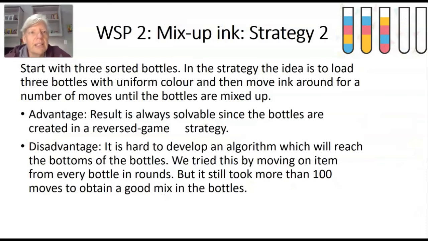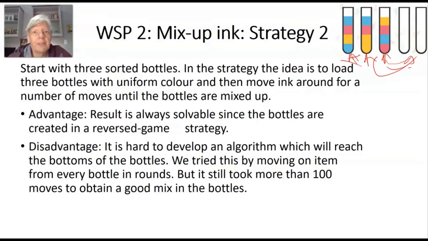Strategy 2 is to start off with 3 sorted bottles and distribute the colors randomly, for a fixed number of moves. The more moves you do, the more complex it is to solve the problem.